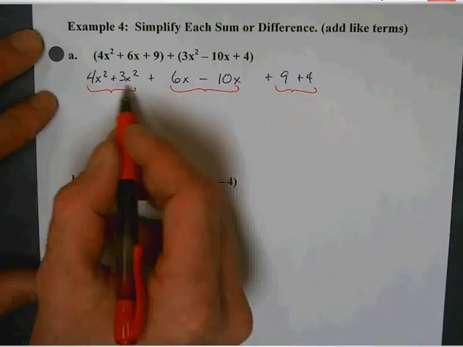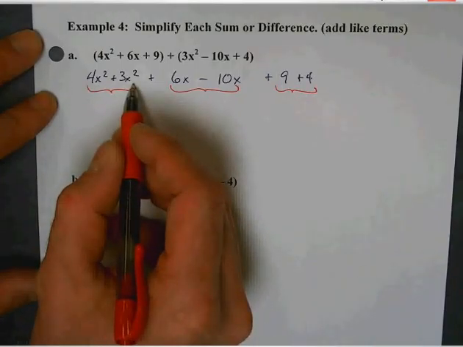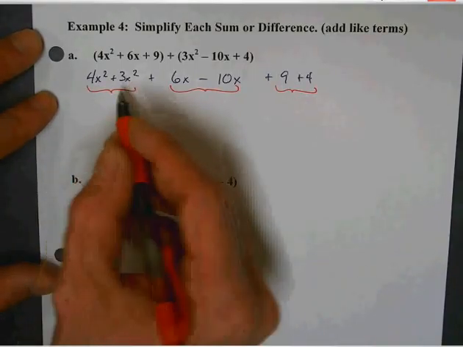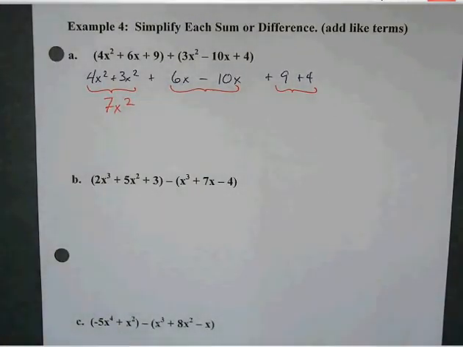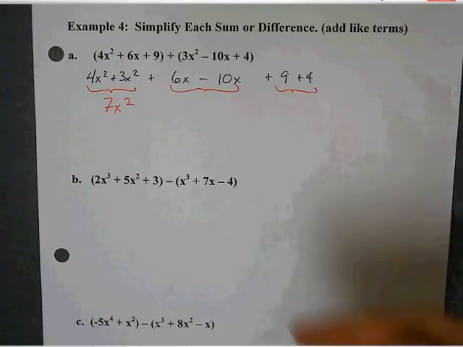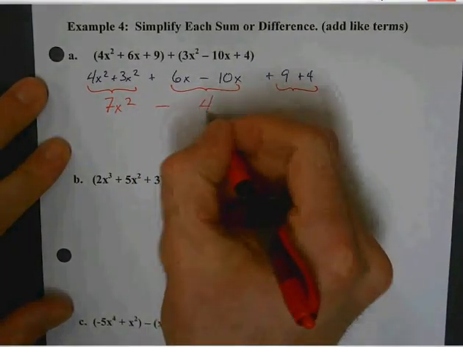I have 4x squared and 3x squared. Combining them together, what do I get? 7x squared. Notice, the x squareds don't change. We're not multiplying. It's like saying 4 apples plus 3 apples, we still have apples. What's 6x minus 10x? Negative 4x.